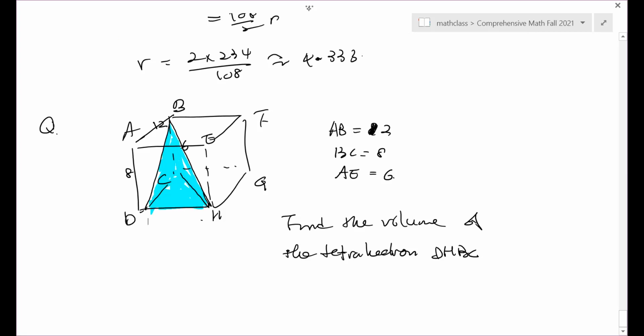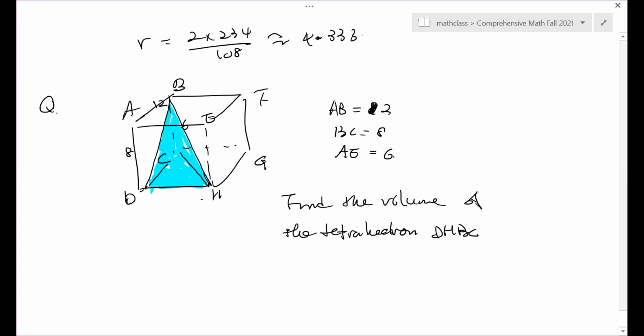Now we want to find the volume. I think this can be viewed as a cone-like solid. The base is a triangle. Here's the base: this side is 12, and this side is 6.